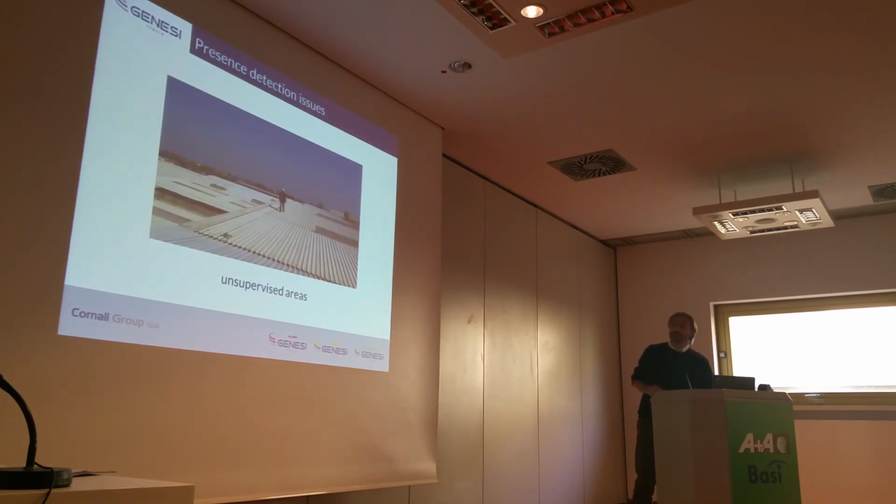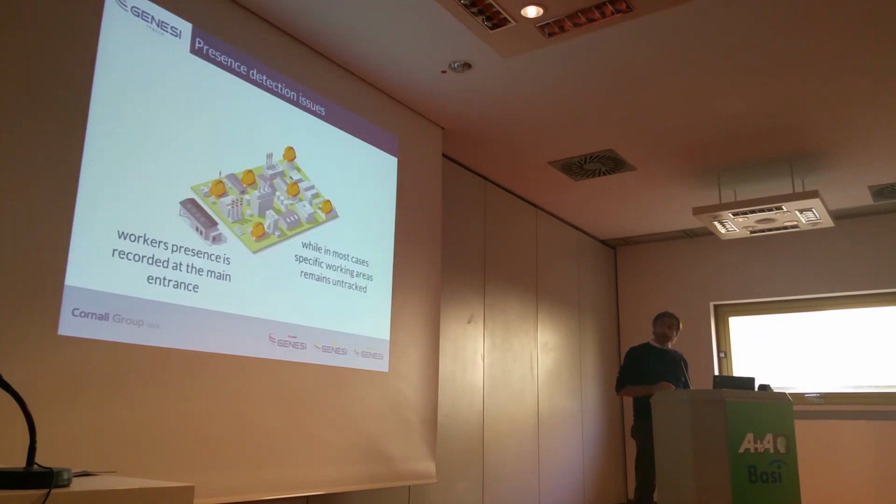From a presence detection point of view, we have to keep in mind that workers on fall protection lifelines usually operate in unsupervised areas. Moreover, if we think of a big area with a lot of buildings inside, usually the worker's presence is recorded just at the entrance during the accrediting procedure, while little or no track is given of the actual position of the worker within the area once he has entered.